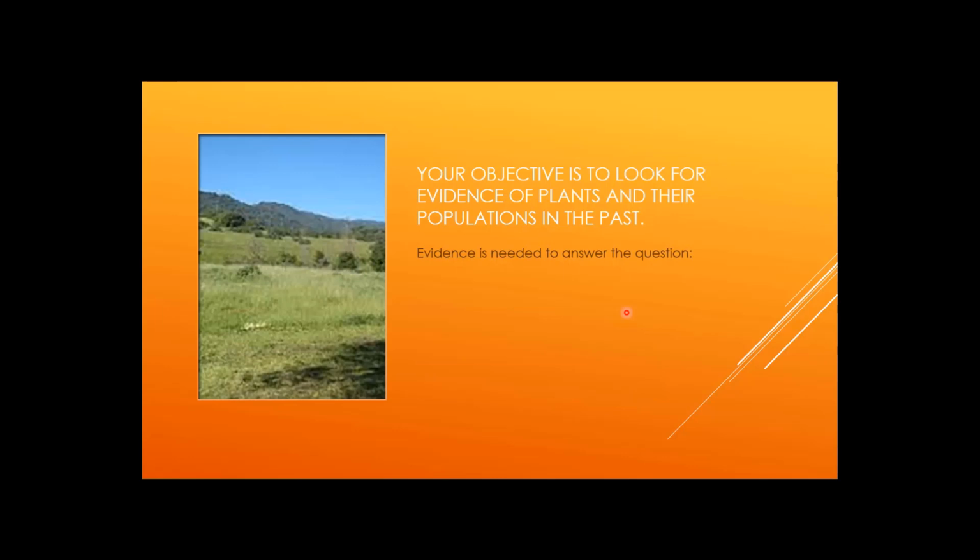The objective is to look for evidence for plants and their populations in the past. Evidence is needed to answer the following question. Are grassland ecosystems changing over time? What that means is, is this ecosystem with the plants and the animals that are living on or within the plants changing over a period of time?